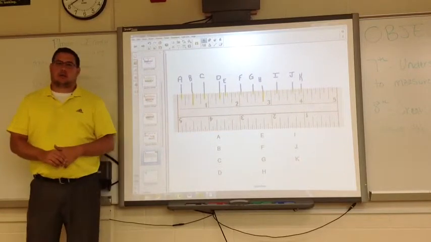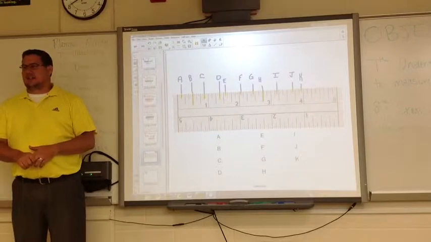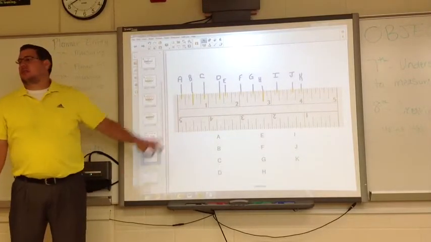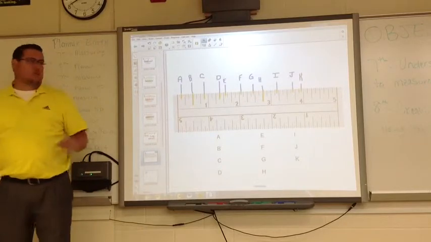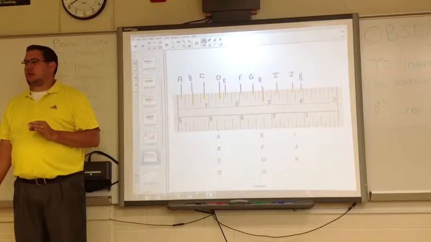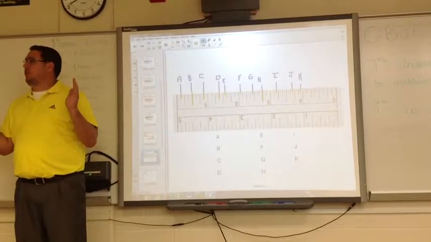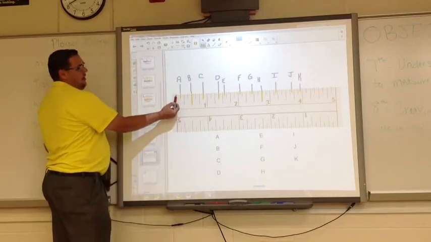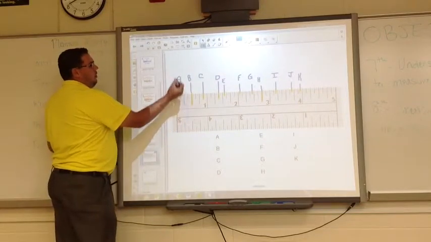So up here, it's a simple process. If you do not know automatically that that's 1/8, the best way to do this is, between each whole number, how many equal parts are there? 16 equal parts between each whole number. So you take this and you count 1, 2.